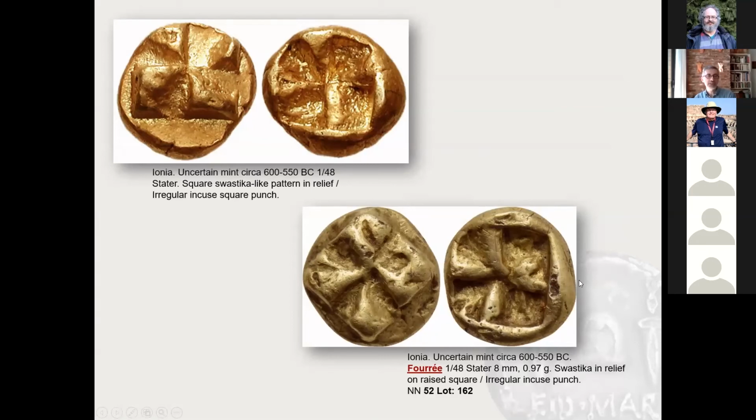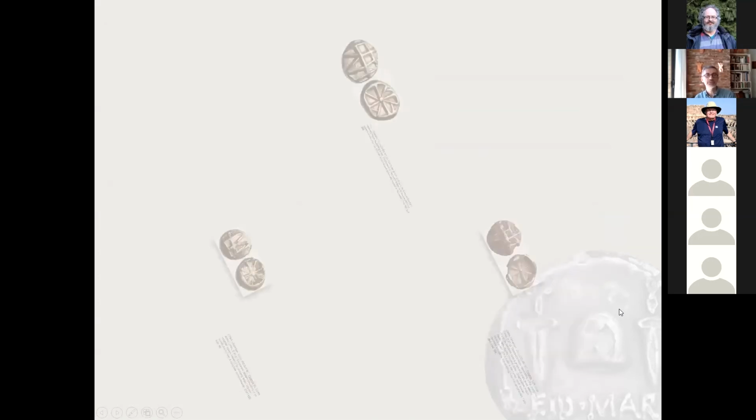Here is a swastika-like, or sometimes they are called windmill pattern, obverse with a very similar reverse. And here is the counterfeit example of the same coin.